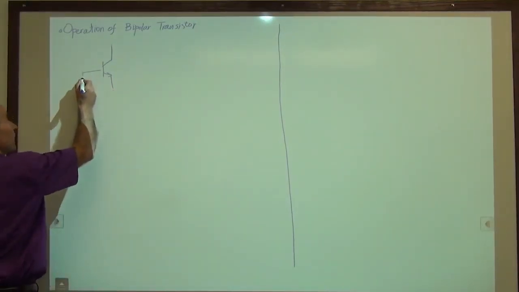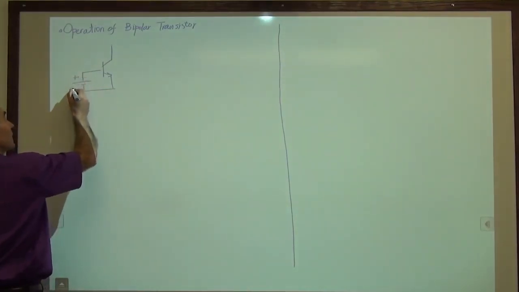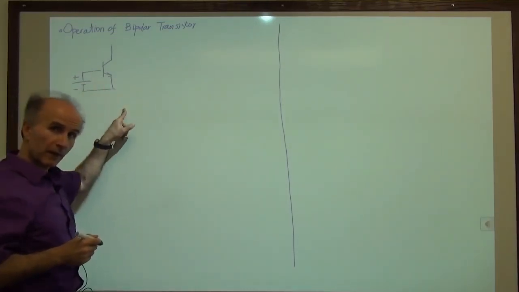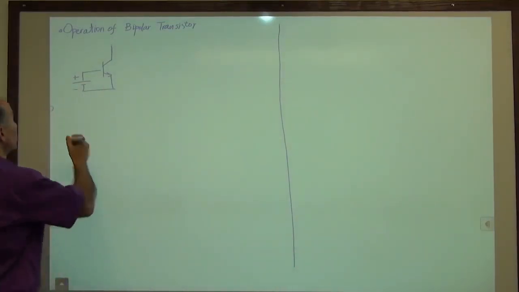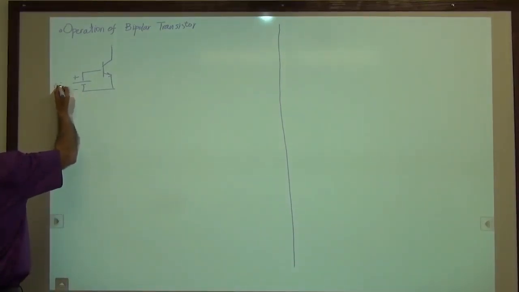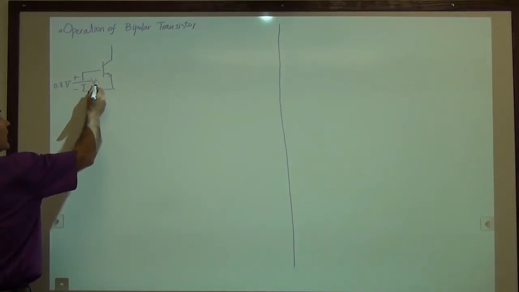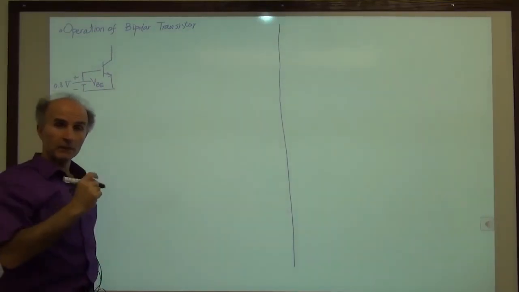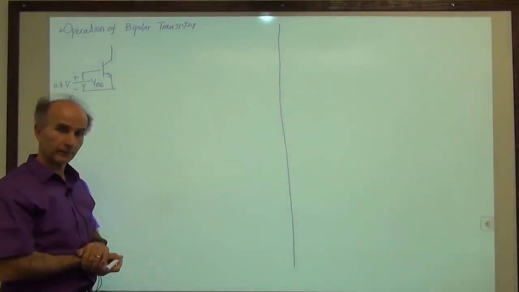So I connect the battery from here to here, plus, minus. Right? Now the base is more positive than the emitter by how much? Let's say 800 millivolts. So we have 0.8 volts here. We will call this the base emitter voltage, VBE. Base emitter voltage. So base is more positive than the emitter.